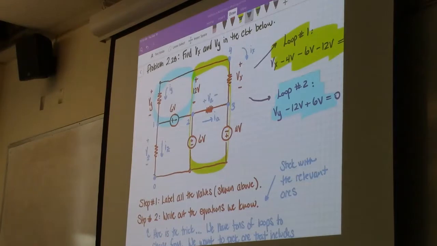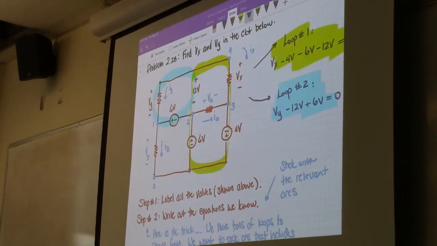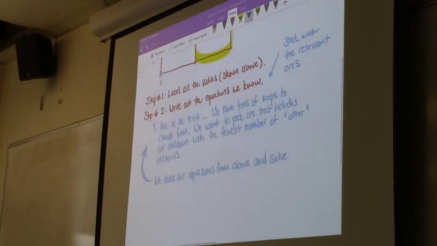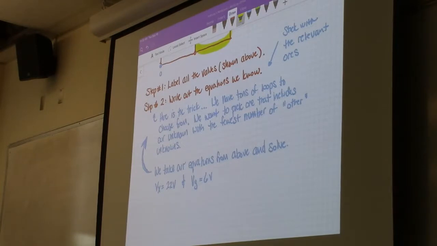It's all almost done, right? So 12 plus 6 is 18, plus 4, so 22. So one's 22 volts, and the other one's going to be 6. So Vx equals 22 volts, and Vy equals 6 volts.